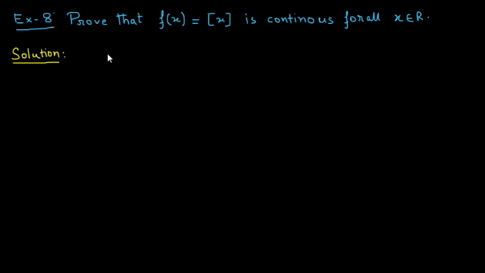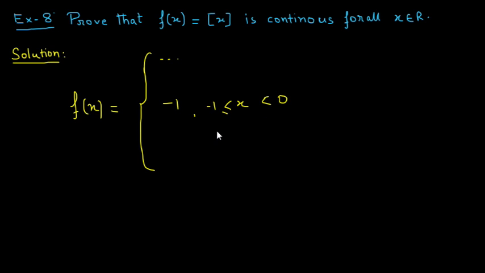So we can write f(x) is equal to minus 1 where x is greater than or equal to minus 1 and smaller than 0.